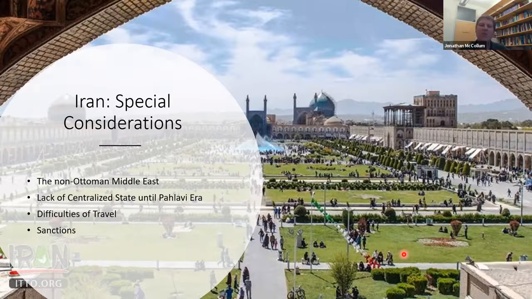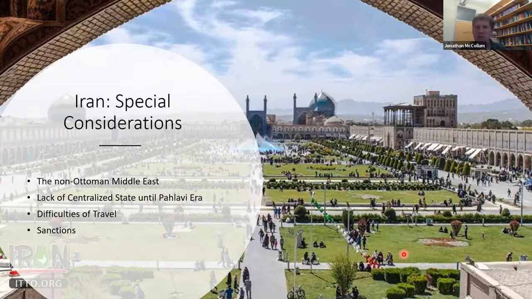And it's really not until the Pahlavi era, so until post 1925, that Iran really begins to produce censuses at a large scale and tries to objectively surveil its population. And so we have a dearth or an absence of many records in Iran. And then, of course, there's the difficulties of travel.